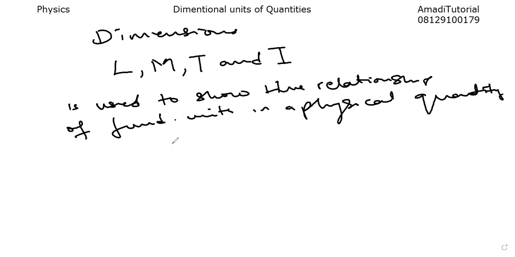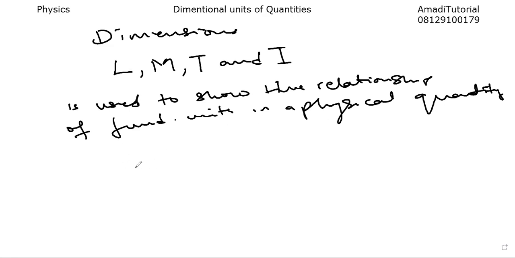So when you talk about unit dimensions, you are simply looking at how you use these four fundamental quantities to represent the relationship, how you use them to show the way they relate in other quantities or derived quantities.